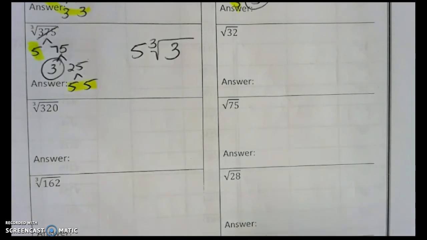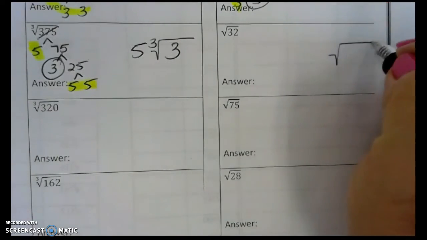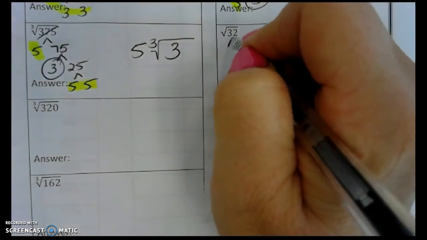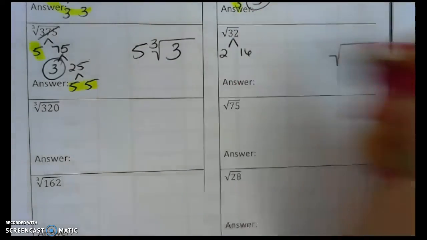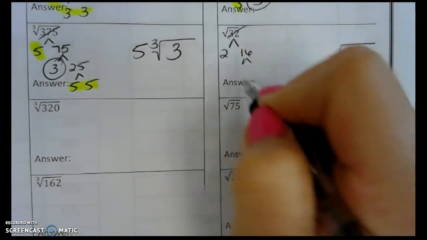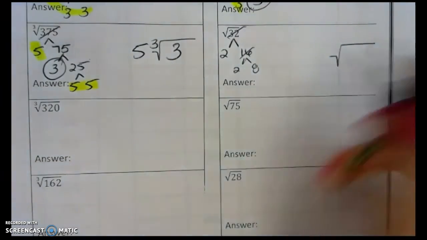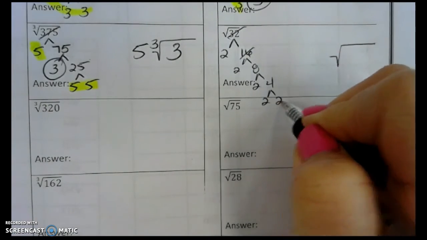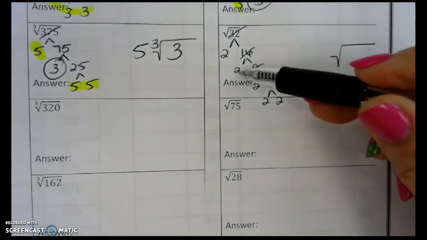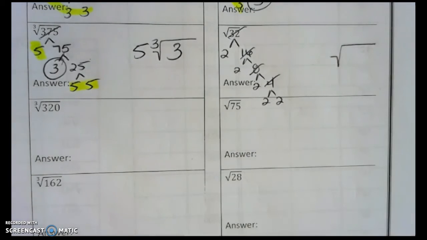The square root of 32 is going to be a square root when I finish. I'm looking for pairs of factors. 2 goes into 32 16 times. 2 goes into 16 8 times. 2 goes into 8 4 times, and 2 goes into 4 2 times. Gives me 2 times 2 times 2 times 2 times 2. Now I'm looking for pairs of 2's.